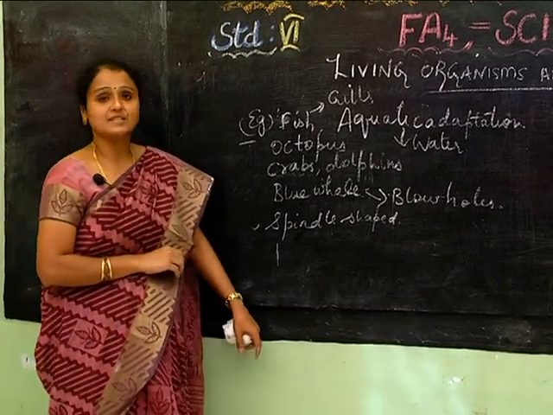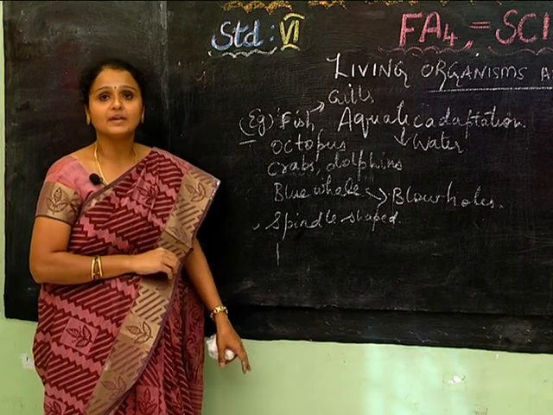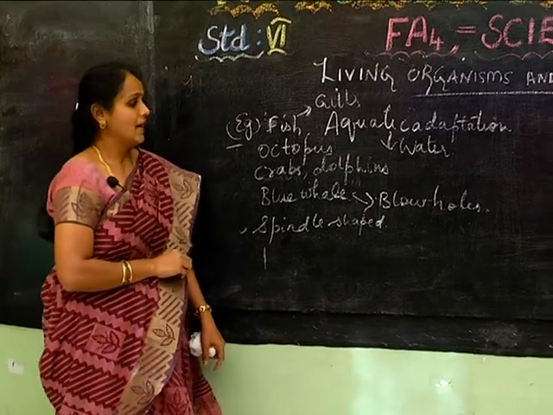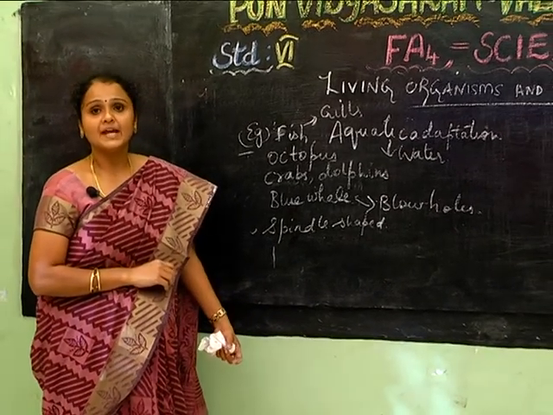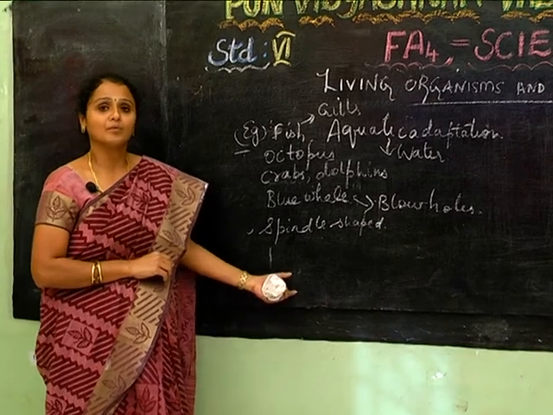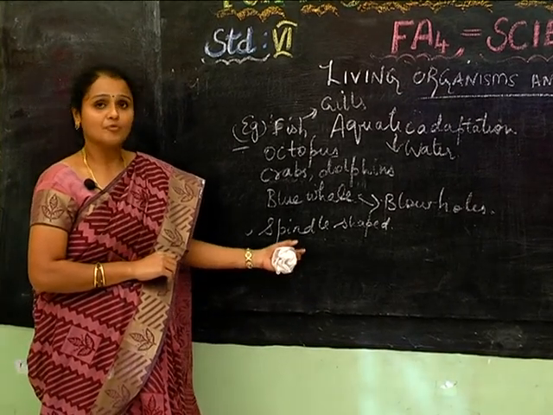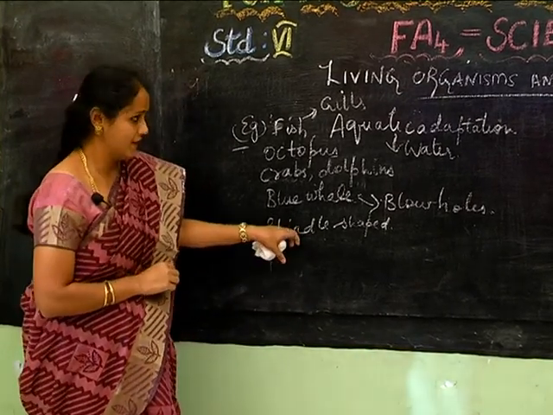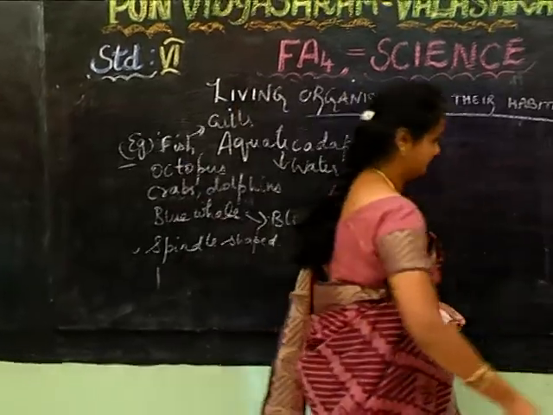Mainly the fish have gills for respiration, and the body is slimy in order to reduce the water resistance in the body.